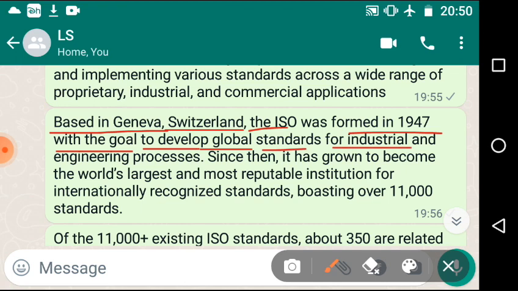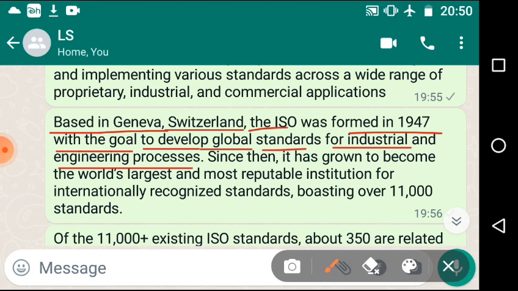Now, it is saying that this ISO has its headquarters based in Geneva in Switzerland, and ISO was formed in 1947. That is the year when we got independence.